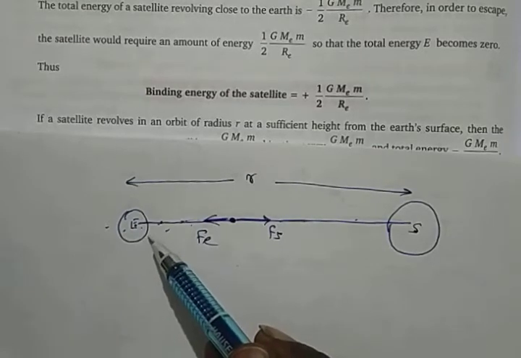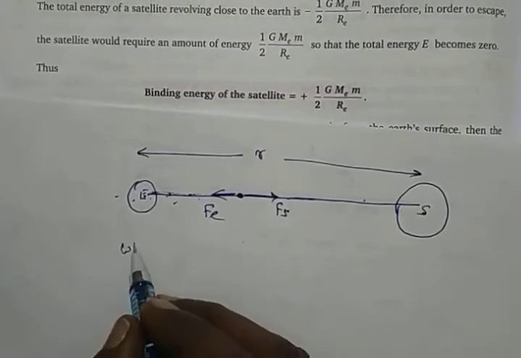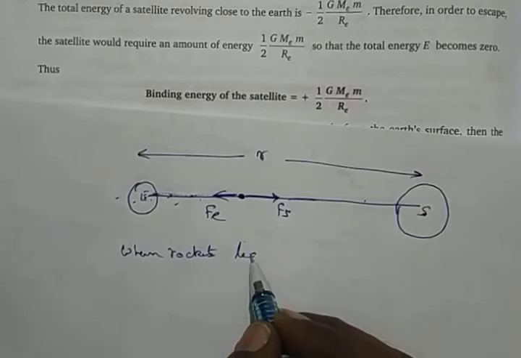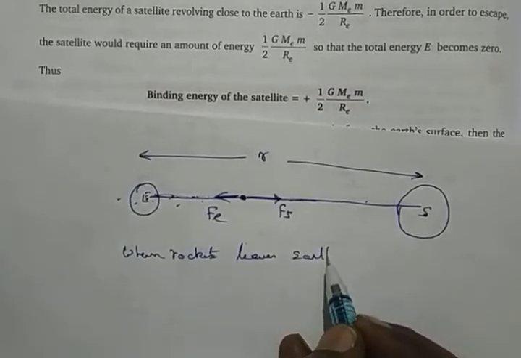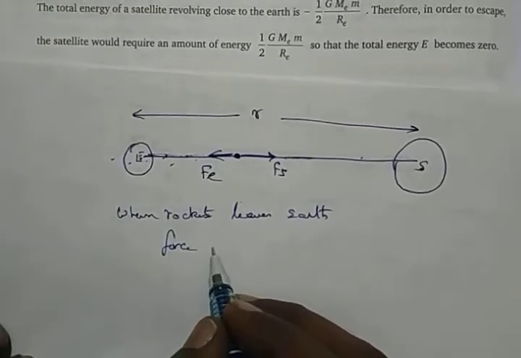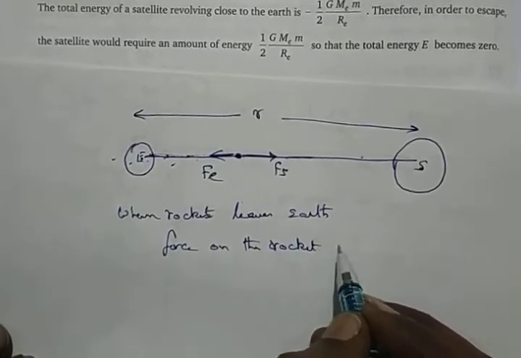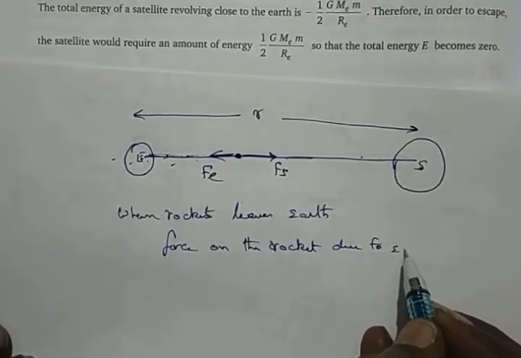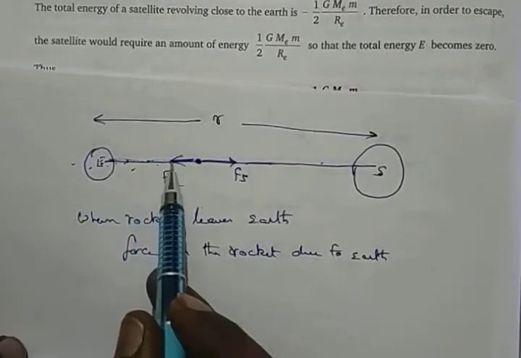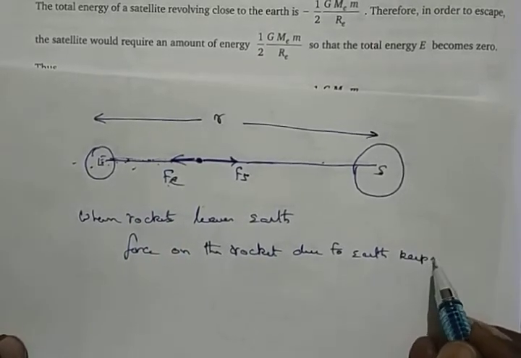So what happens is, when the rocket leaves earth, the force on the rocket due to the earth keeps on decreasing as it keeps on going.